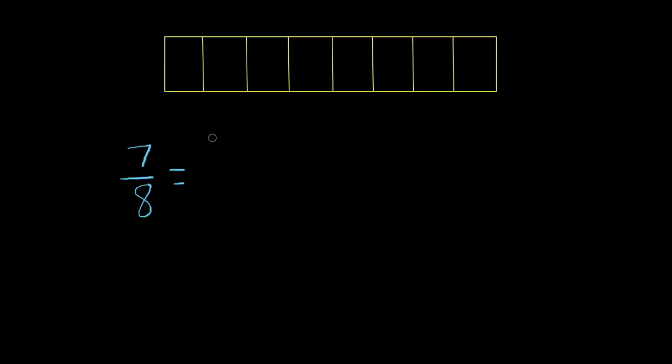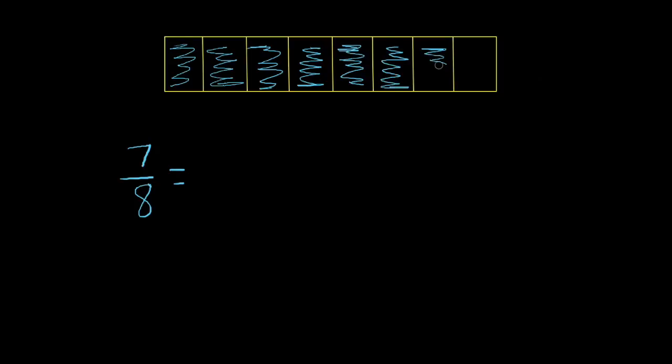In this example, I'm using a tape diagram as opposed to a number bond. I'm looking at this fraction 7/8, and I want to decompose that into a sum of smaller fractions or unit fractions. Before I can get started, I want to go ahead and shade in what that fraction looks like in my tape diagram. I'm going to shade in 7 of these 8 equal parts to represent my 7/8.